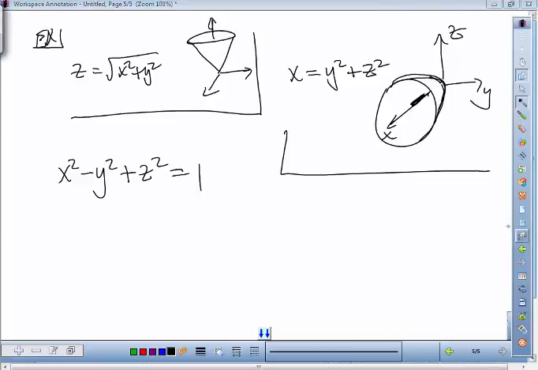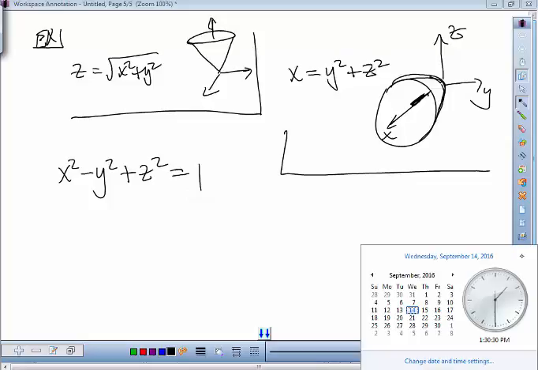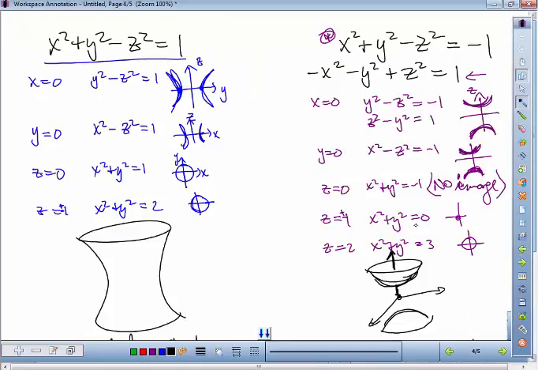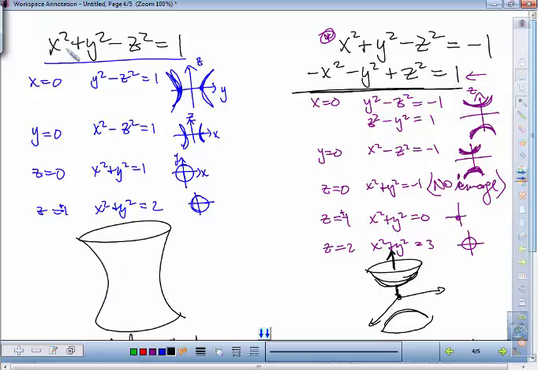So if we go with a notation where the right hand side, if it's going to be a constant, is just going to be a positive 1, then the hyperboloid of 2 sheets has 2 negative variables, and then the other one is positive, and then the constant is positive. The hyperboloid of 1 sheet has 2 positive variables, 1 negative, and then the right-hand side is positive.